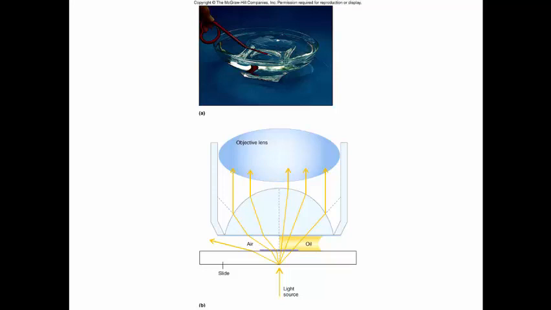So that's why oil is used. You, of course, have to clean the oil off your objective every time you're finished with it. But using this process, you can see bacteria fairly clearly. You can see them distinctively at magnifications of 1,000 or even up to 16,000x, okay?